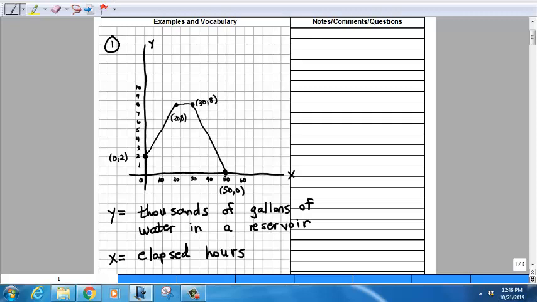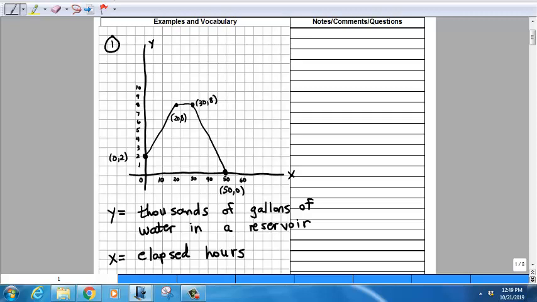So this type of function that's pieced together from different lines is called a piecewise function. Piecewise because it's made up of several different pieces. In this case, all the pieces are straight lines, so this is referred to as a piecewise linear function.